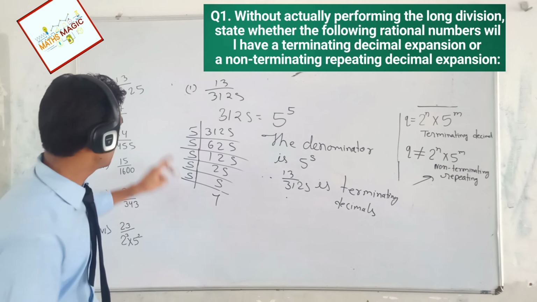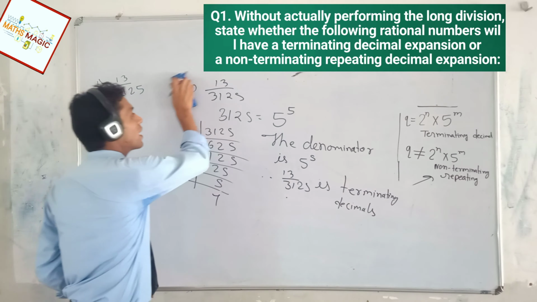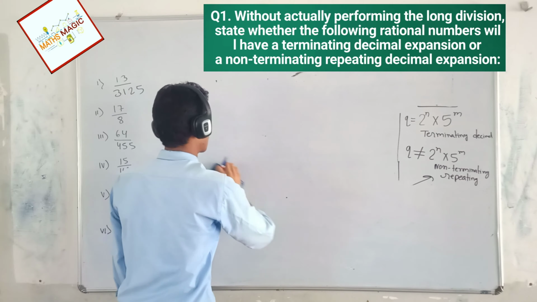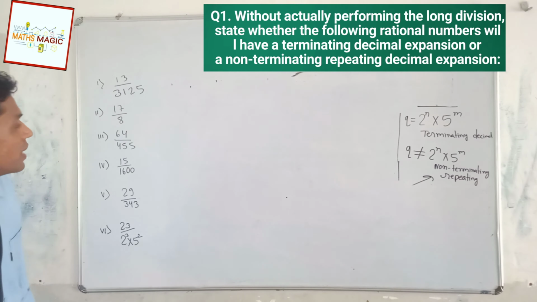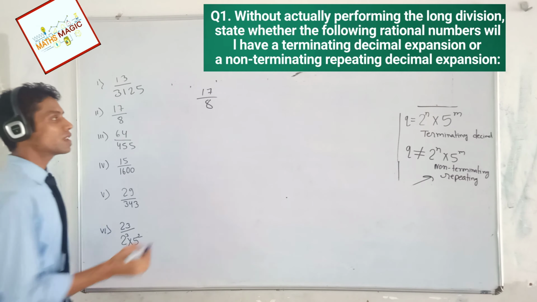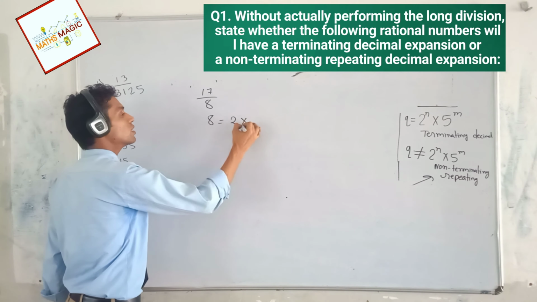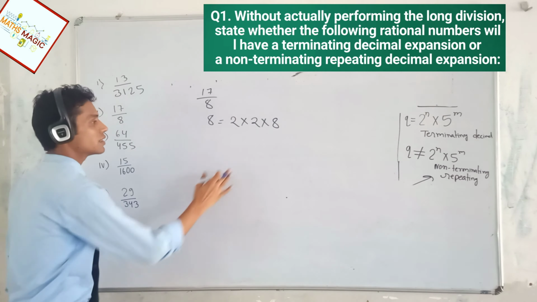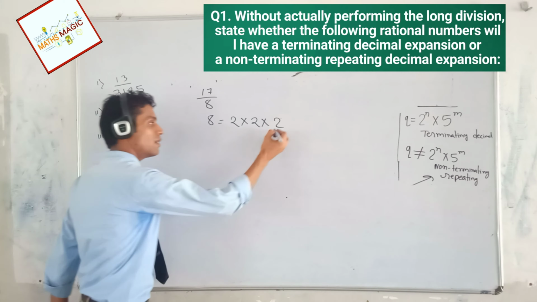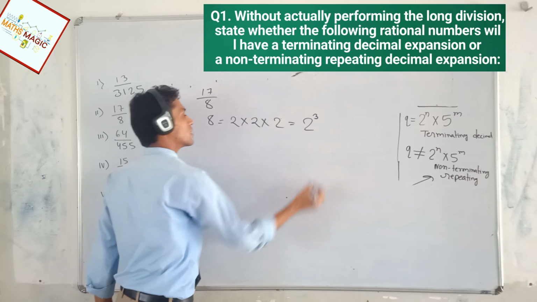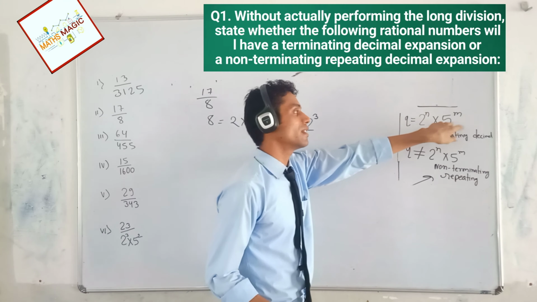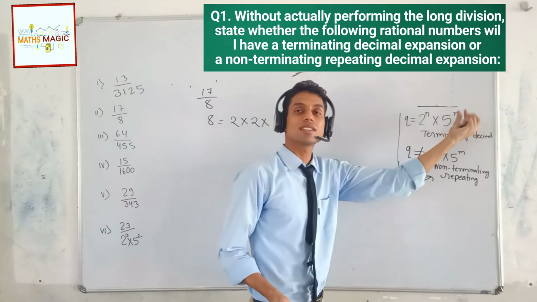Now, if you have a doubt, let's see the second question. It will come easily because we have 9 questions in the same format. The second question is very short and sweet, that is 17 by 8. We need to find the factors of 8. The factor of 8 is 2 times 2 times 2, which can be written as 2 to the power 3. Here the denominator is in the form 2^n, and 5^m is also there, but we suppose it is 0.